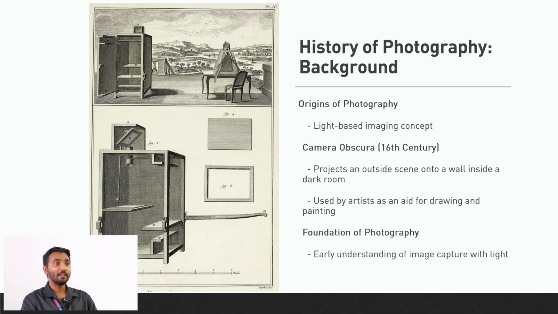This discovery was the basis of the camera obscura, a device that became popular in the 16th century as an aid for artists. Although the camera obscura couldn't record images permanently, it laid the groundwork for photography by demonstrating that light could be manipulated to form an image.